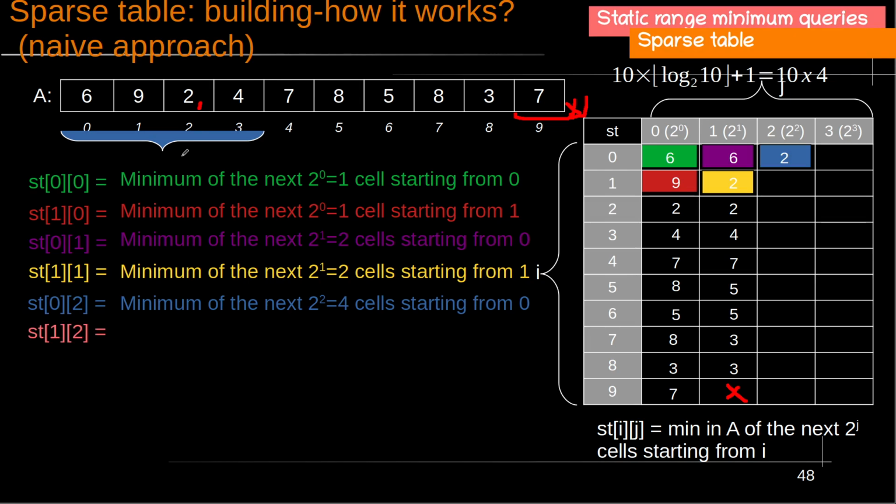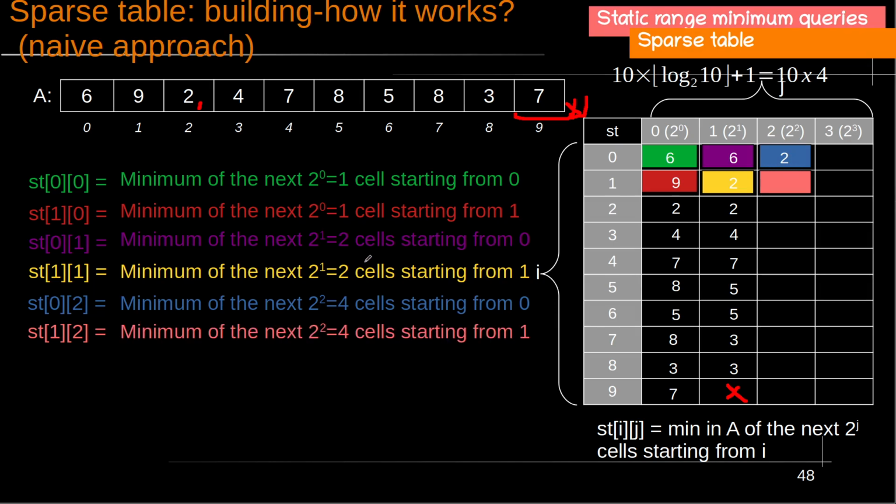Same if we start from 1: ST[1][2] is the minimum of the next 2^2 cells, which is 4, starting from 1 this time. So the minimum is 2. And so on for the other cells. Here we stop at index 6 because from 7 we cannot take 4 cells.